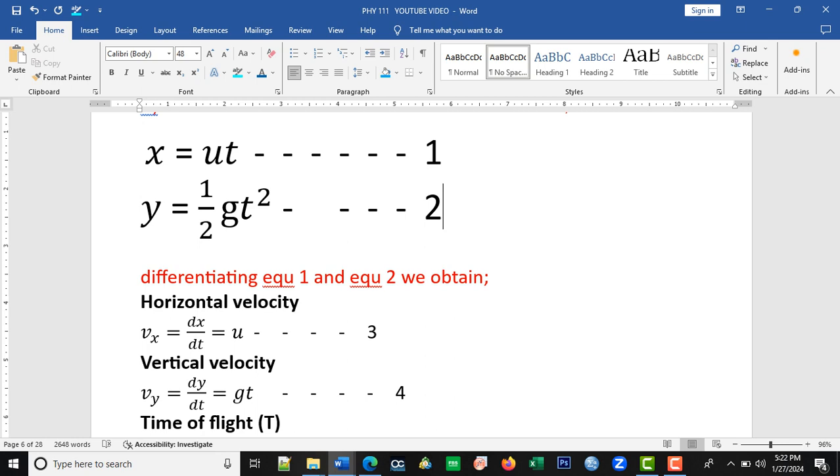So equation 1 here is the distance, and the first derivative gives us the velocity. So in this case, we'll have ux equal to u. Let's call this equation 3.